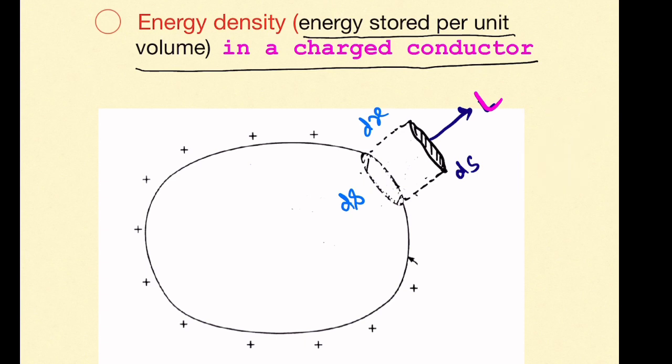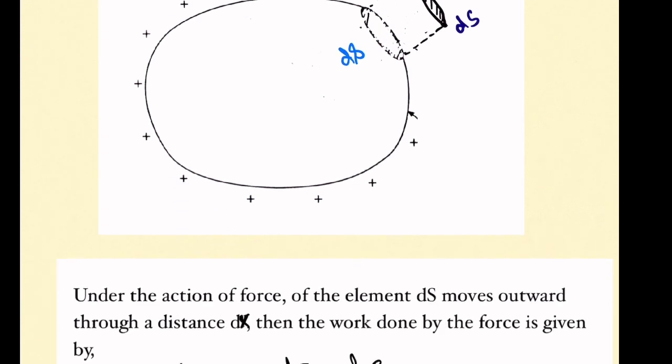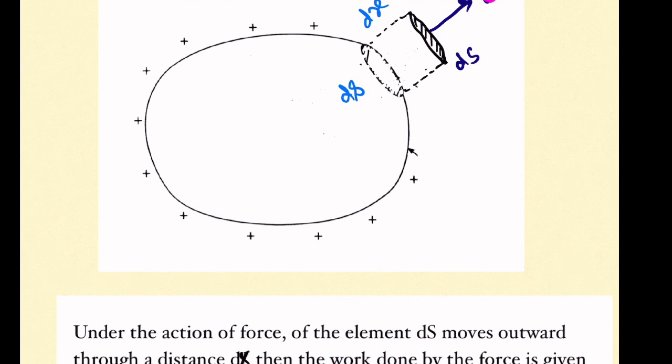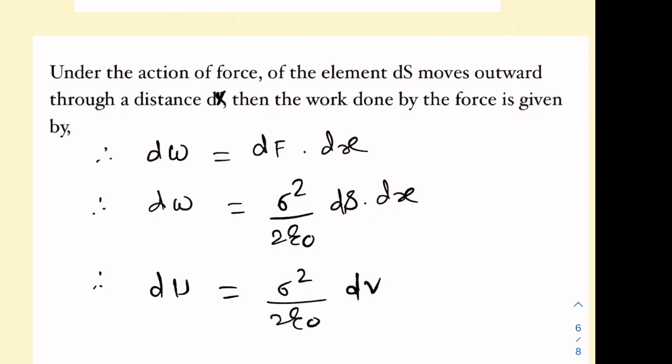Due to this repulsive force, it moves by distance dx. Under the action of the force, the element ds moves outward through the distance dx. Then some work is done. Work done is nothing but force into displacement.